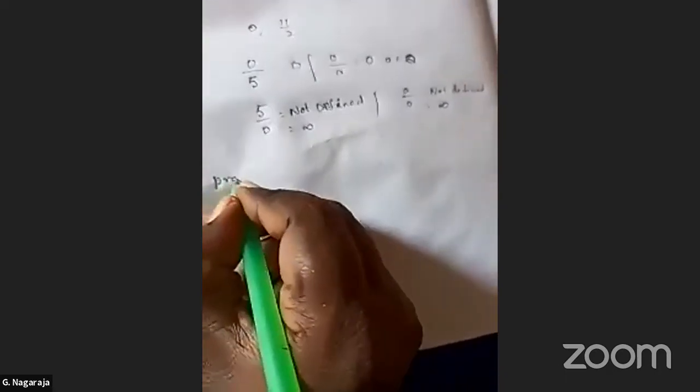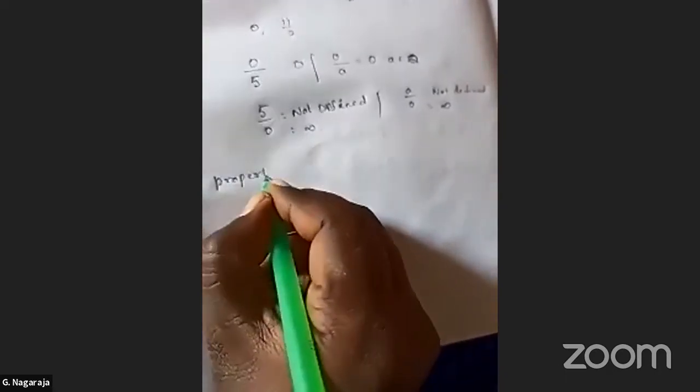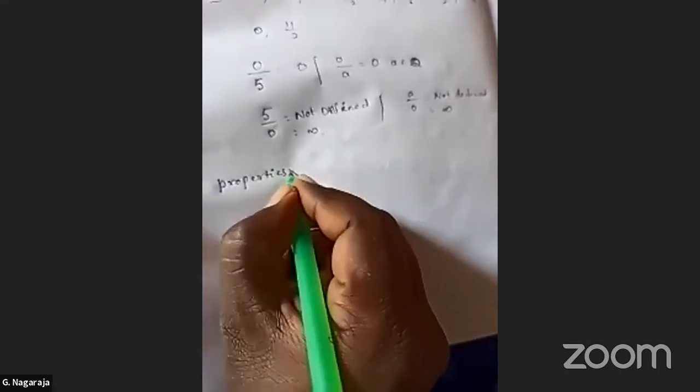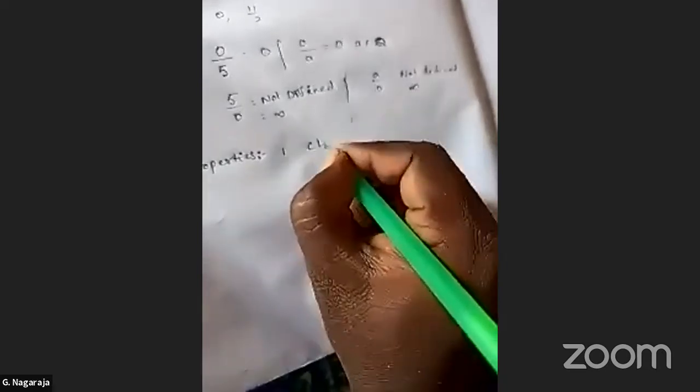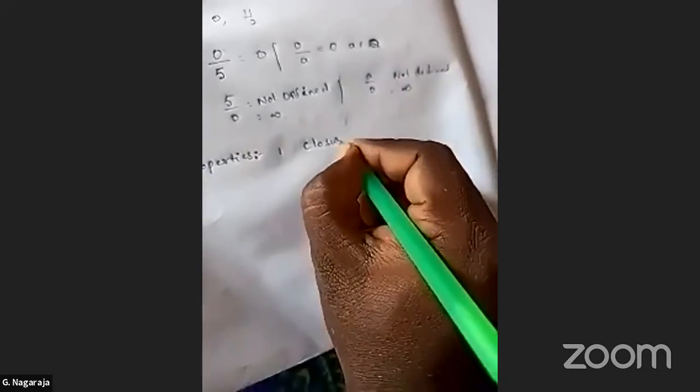Next, in our chapter, rational numbers, some properties are there. What are they? First one is closure property.